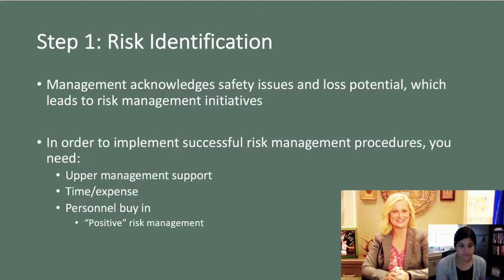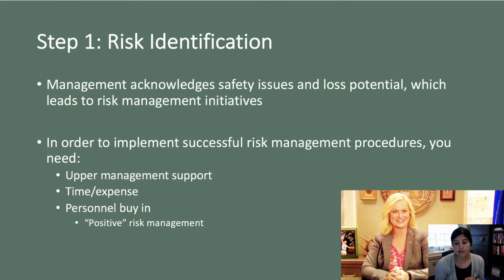Okay, so let's start with step 1 here. As we said, the first step in any risk management plan is risk identification. So actually acknowledging and identifying potential risks facing your organization. Now, before you actually identify specific risks, again, it's important to have a management or corporate entity that acknowledges that risk management is an important component of doing business.